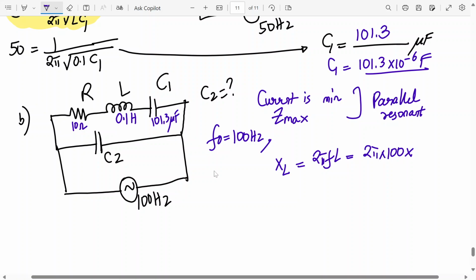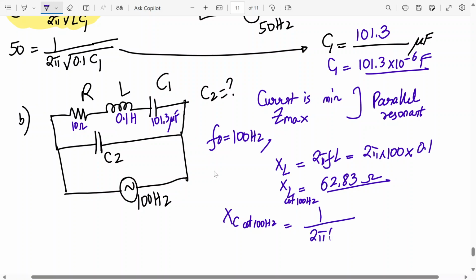Now tell me, how much is XL? Is it 62.83 ohms? Yes or no? No. Acha, yes.